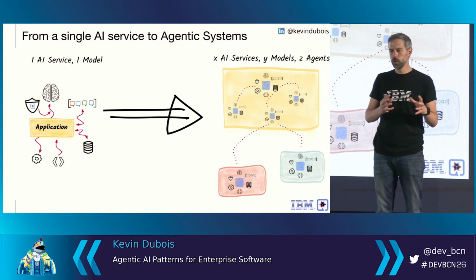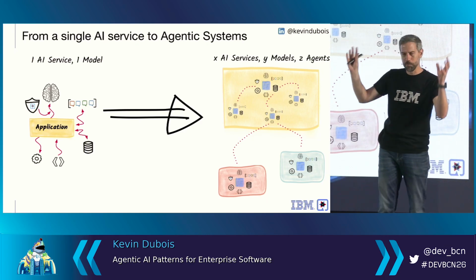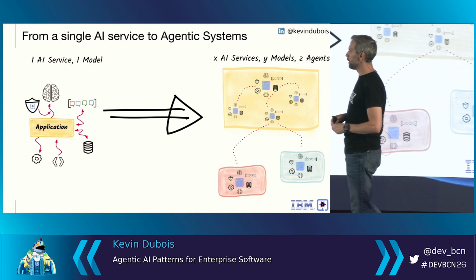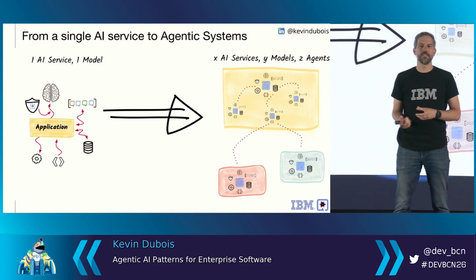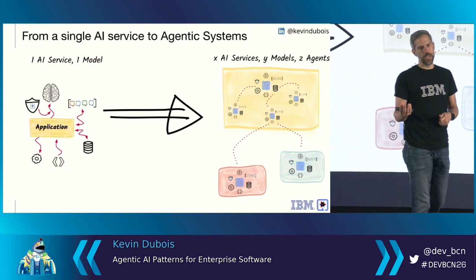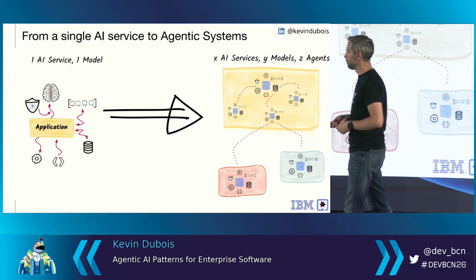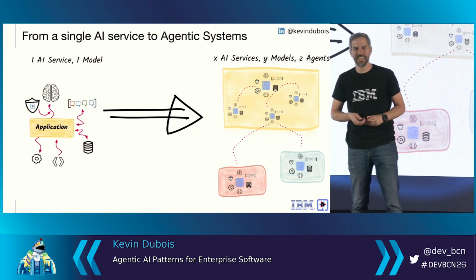So we've moved from the single AI service that can do everything, the monolithic AI service, to an agentic system where we have multiple of these AI services, and we call them agents because, of course, we're going to confuse everybody by using different naming.